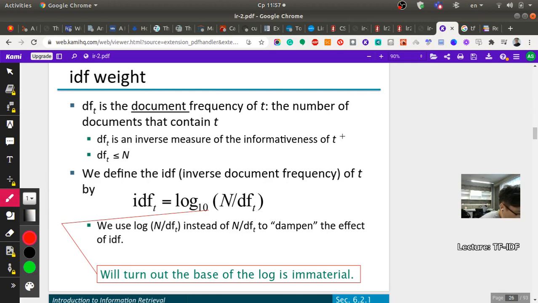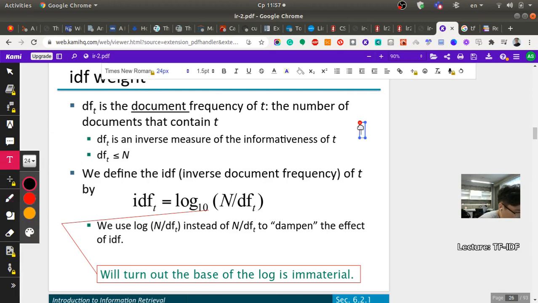For example, you have 10 documents out of 1000 that contain the word arachnocentric.